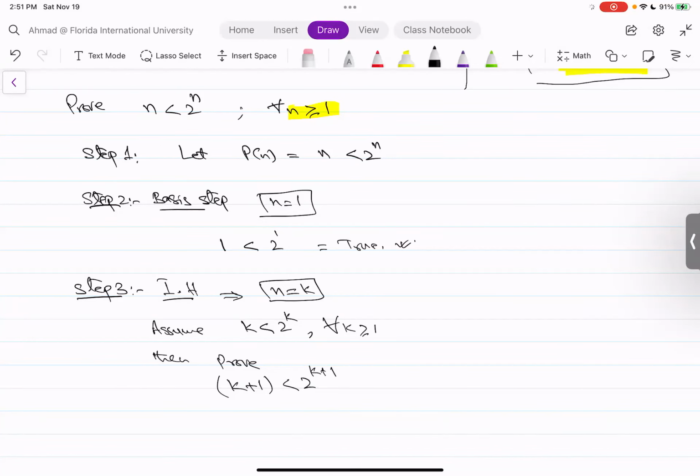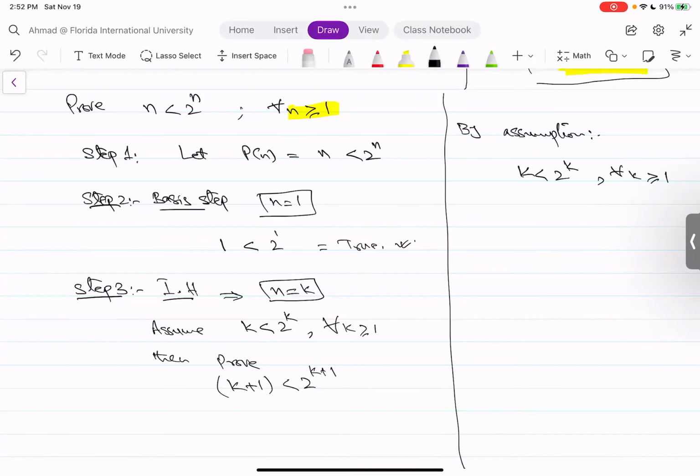So if we need to prove that, what should we do? What we can do is simply solve it by our assumptions. By my hypothesis, the inductive hypothesis, k is less than 2 to the power of k for all k values which are greater than or equal to 1.